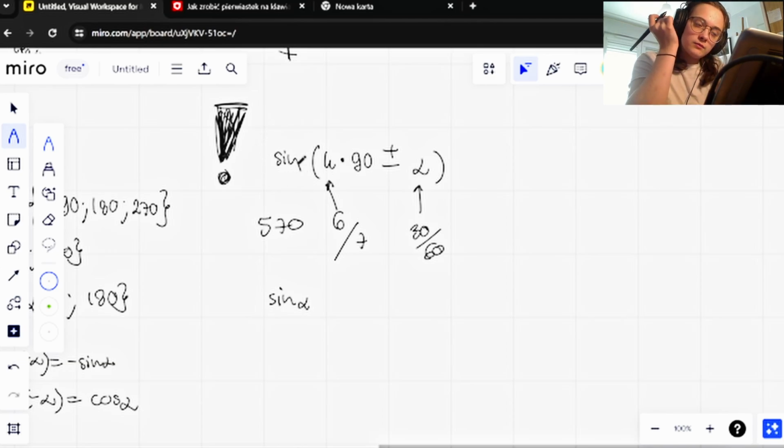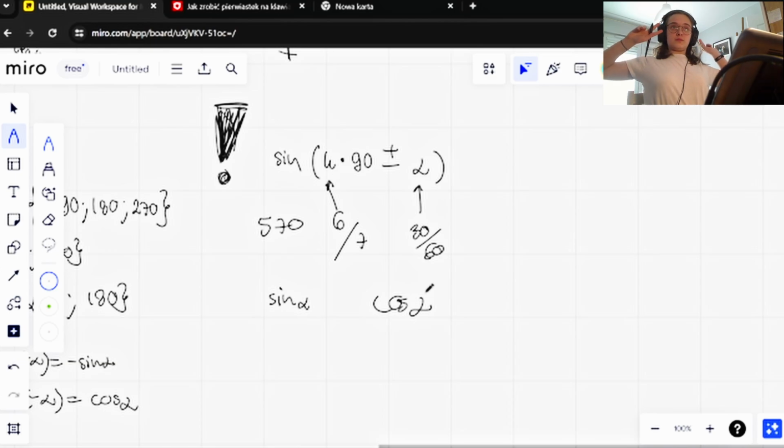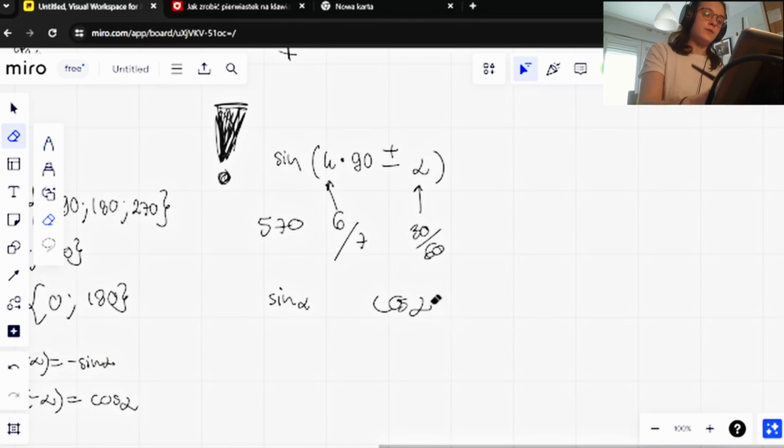So let's say for a moment that we change and it's cosinus. Let's say we have the second quarter, where sinus is plus, but cosinus is minus. So you would write minus, but it is positive. So you need to think about the original function here and not the end function.